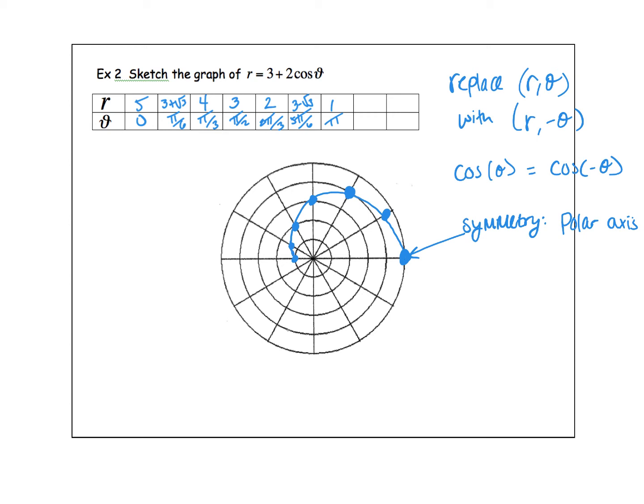Is this a cardioid shape? This is considered a limacon. So when I reflect it, I'm going to do the reflection in red. You can do a rough sketch, but I would do it point for point. So I have this one, then this one, then this one, here, here, and here.